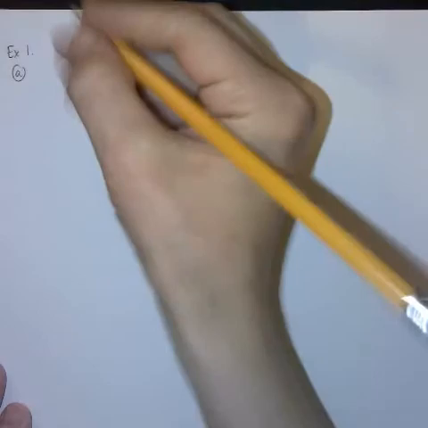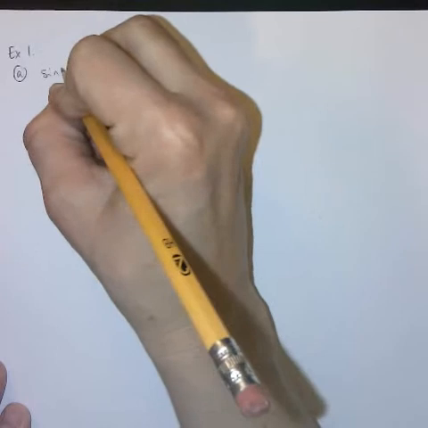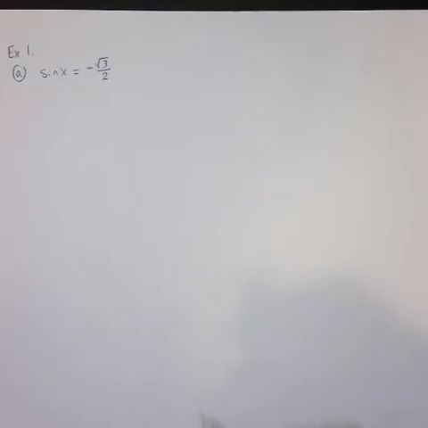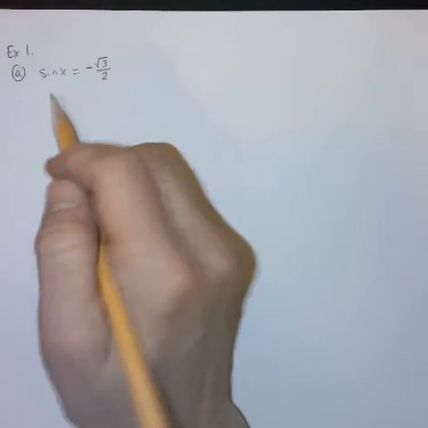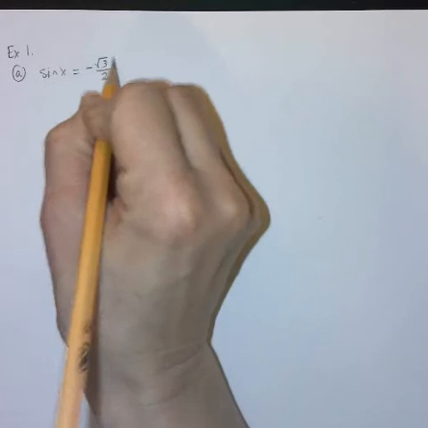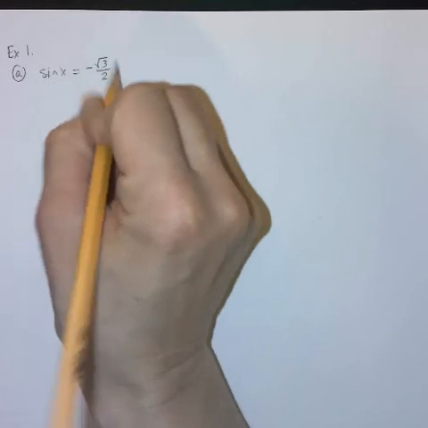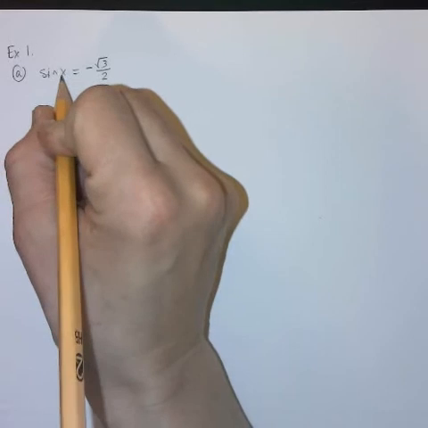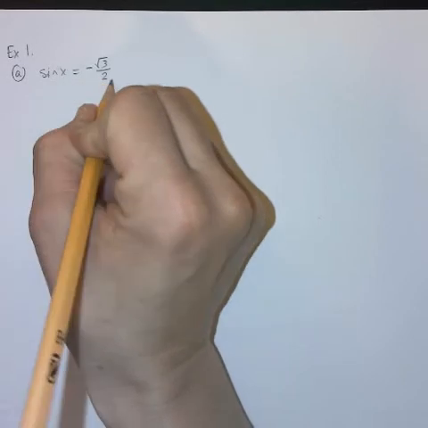So the first example, let's call it example 1, part A. I would consider this a pretty basic, straightforward problem. Whenever you're solving these, you always want to isolate the trig expression first, see what the output needs to be, and then you can figure out what x would have to be to give you that output.